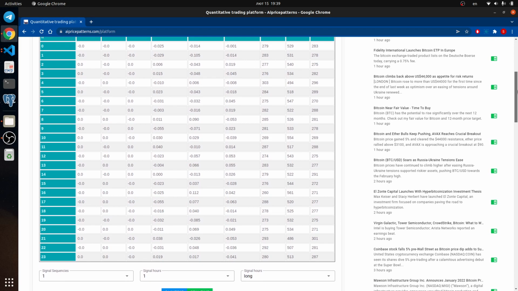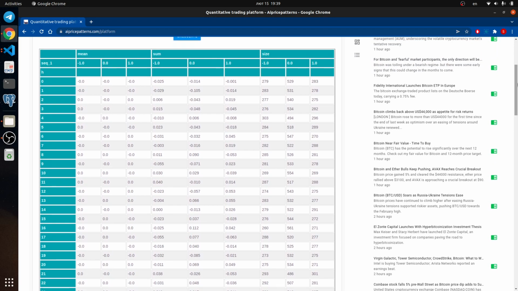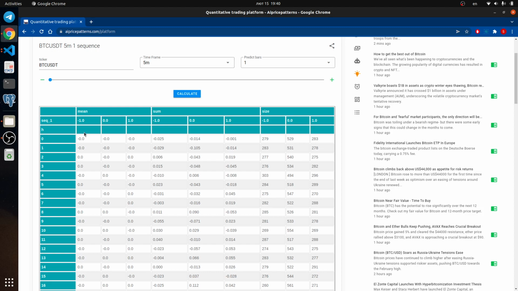This is the time of trading in 1 day, and we calculate the dependency between hours and these sequences. When we have -1, it means we have for this situation only one bar, red bar. It means one green bar.